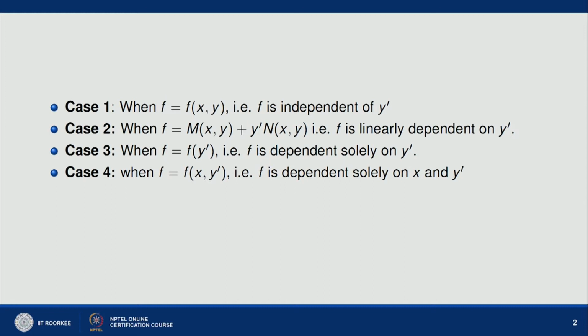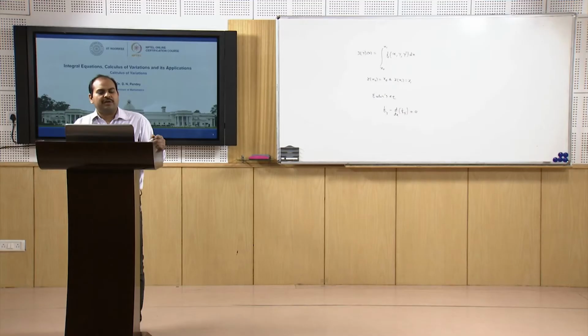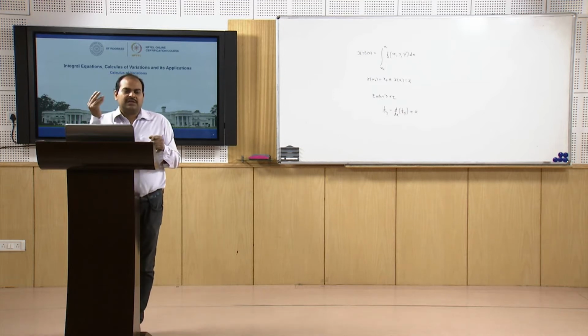And in the second case, when f is linearly dependent on y dash, in this case also we have discussed two sub cases. One, that the Euler equation reduces to M equal to N of x, and if this M equal to N of x satisfies the boundary conditions, then we have an extremal.